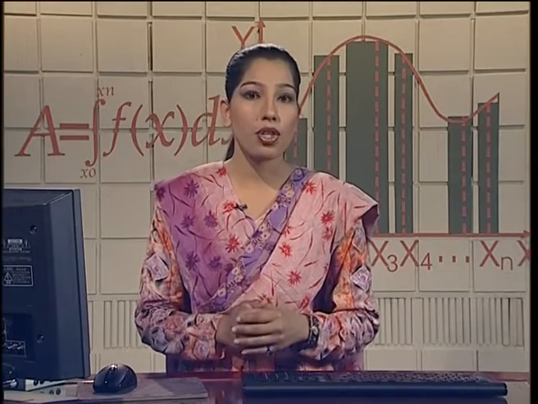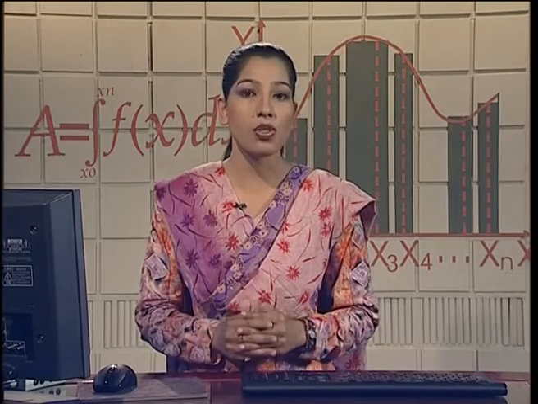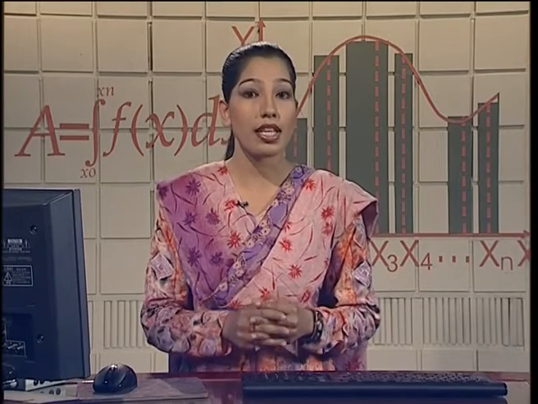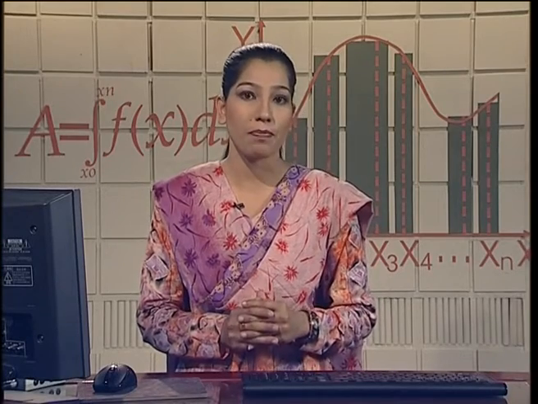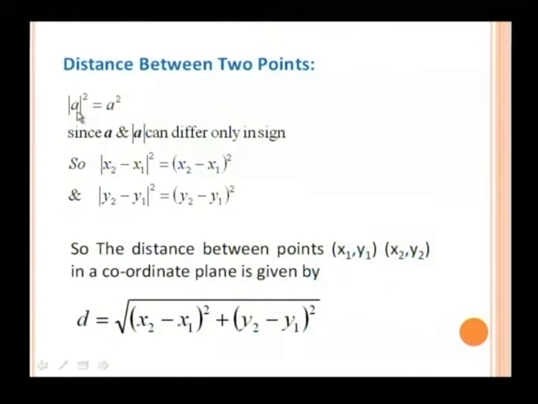It is to be noted here in the distance formula that modulus of x2 minus x1 whole square would be equal to x2 minus x1 whole square. You can see the simplification of this expression on the screen. As we studied in our absolute value program, modulus A whole square is equal to A square.